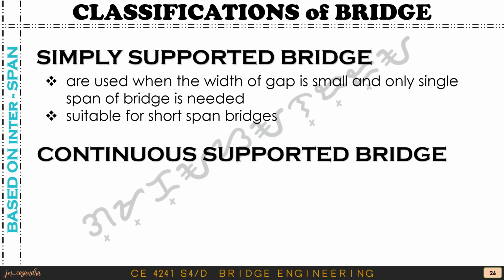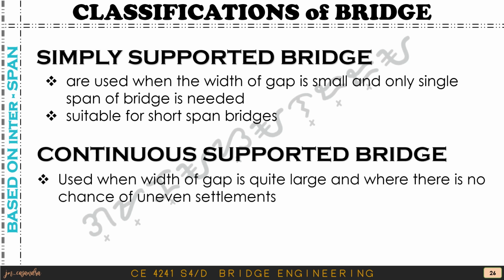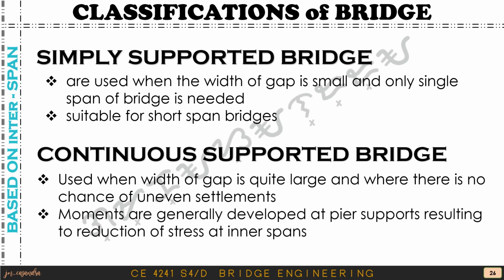Next, we have continuous supported bridges, which are used when the width of the gap is quite large and where there is no chance of uneven settlement. This is more for major bridges. Moments are generally developed at the pier supports, resulting in a reduction of stress at the inner span.